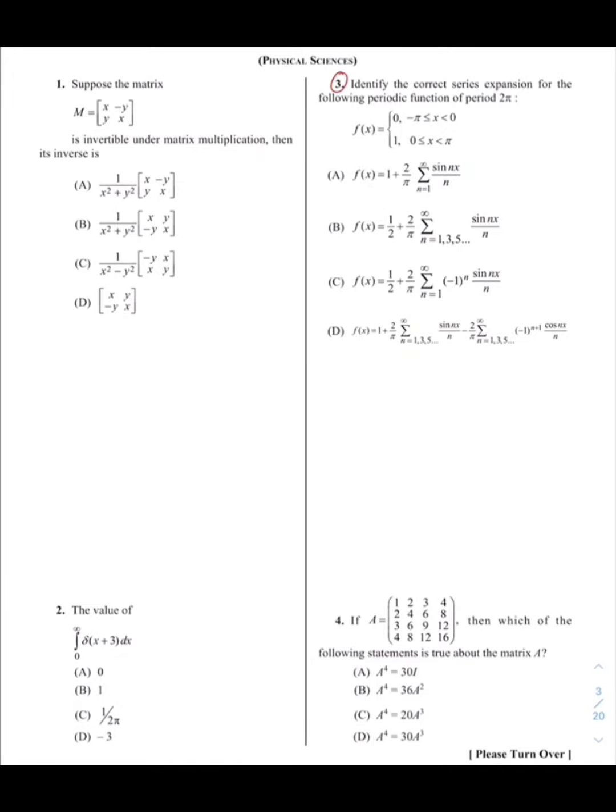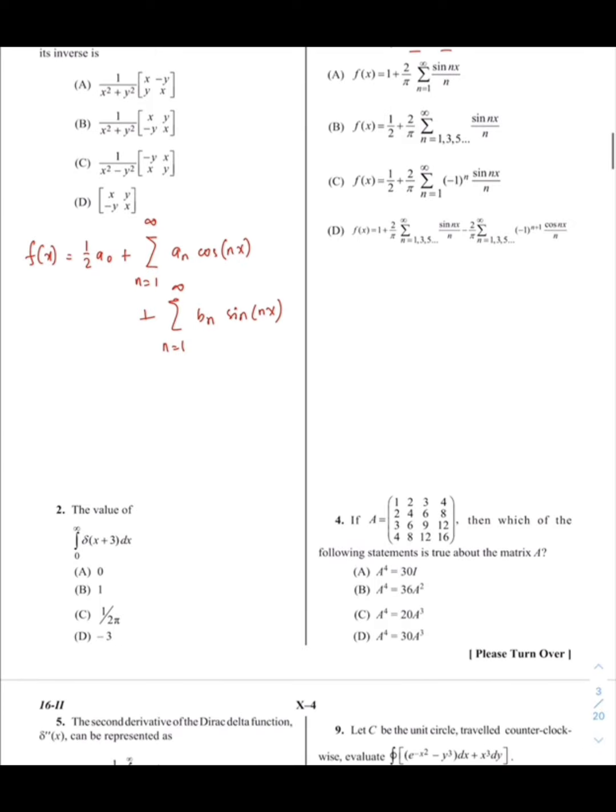In the third problem, we are given a function f of x which is 1 only if x is greater than 0 and less than pi, otherwise it is 0. We have to find the Fourier series expansion of this function. So we know f of x can be expanded in Fourier series as follows: a naught by 2 plus the sum of an cos nx plus the sum from 1 to infinity of bn sin nx.